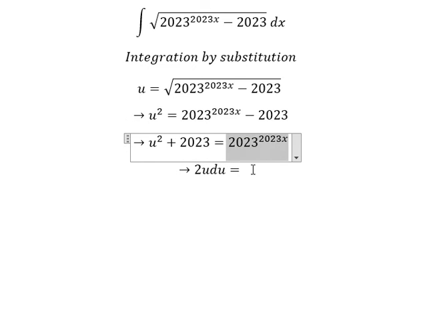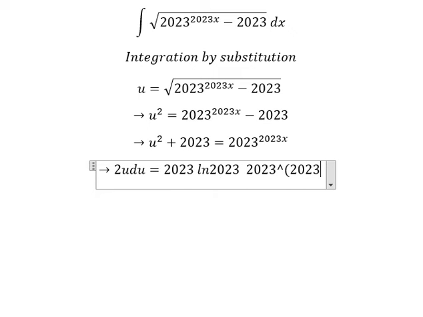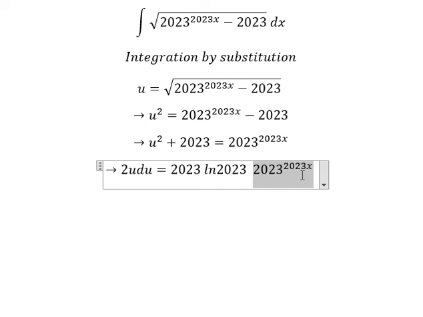This one, we have 2023, and then we have ln 2023 with 2023 to the power of 2023x. So when we do first the derivative of this one, we need to keep the same.